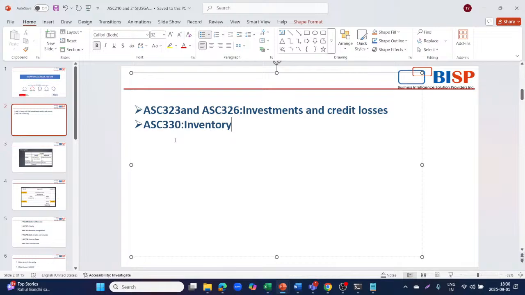The current expected credit loss model focuses on estimation of expected losses over the life of the loans, and it also considers current conditions and management's expectation of future economic conditions. It also covers available-for-sale securities, and assets measured at amortized cost like leases, and the presentation and disclosure that we just discussed.